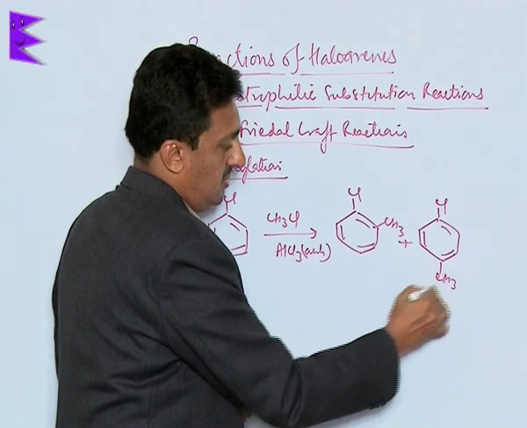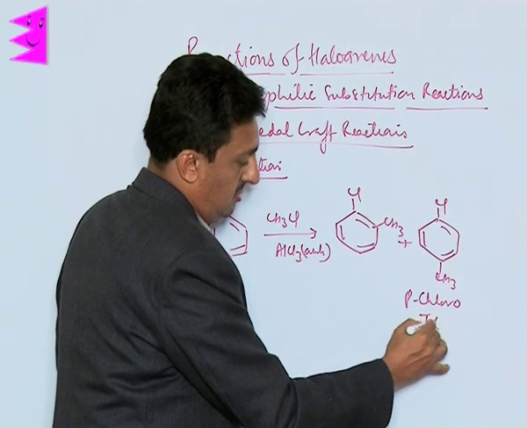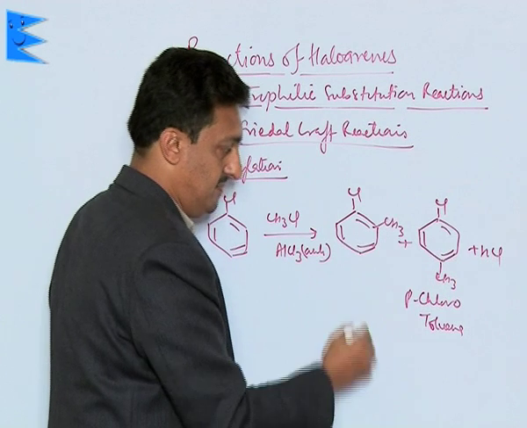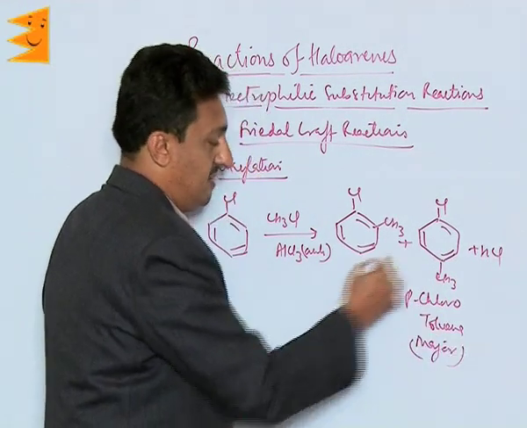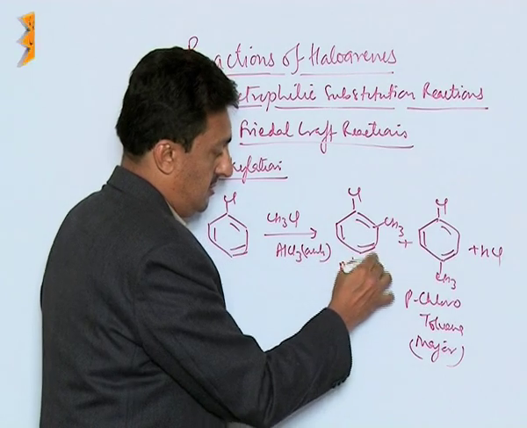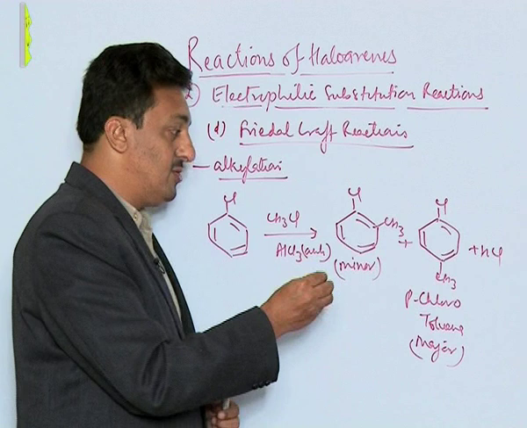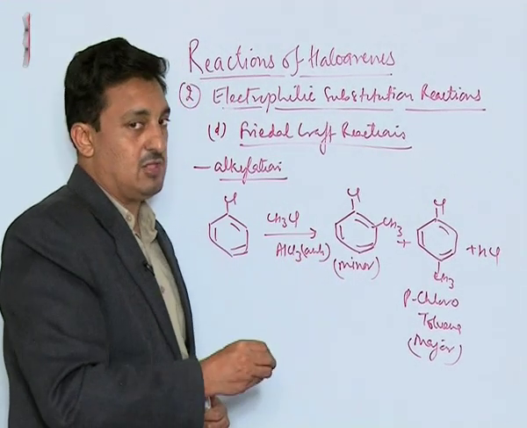Ortho-chlorotoluene and para-chlorotoluene plus HCl. Always, this is the major product, this is the minor product. And this is how we are able to introduce a methyl group on the benzene ring at ortho and para positions.